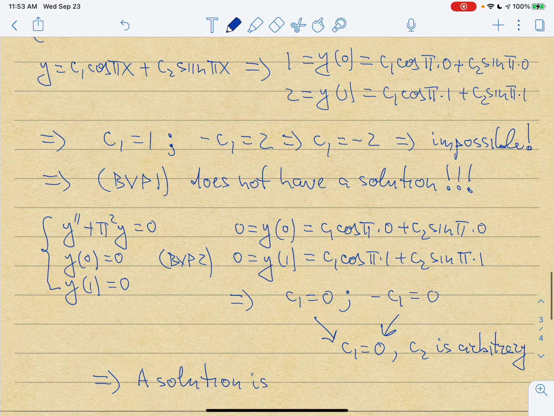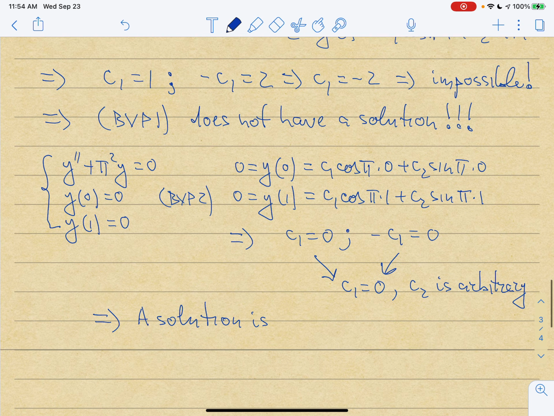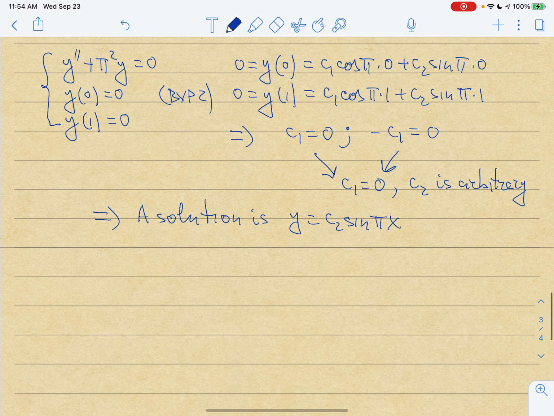It's my expression here with c1 equal to 0 and c2 equal to anything. So it is y equal to c2 sine of pi x. And because c2 is undetermined, any c2 will do. So what I have is infinitely many solutions.